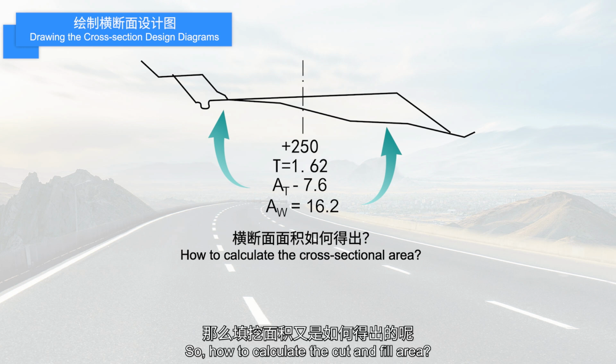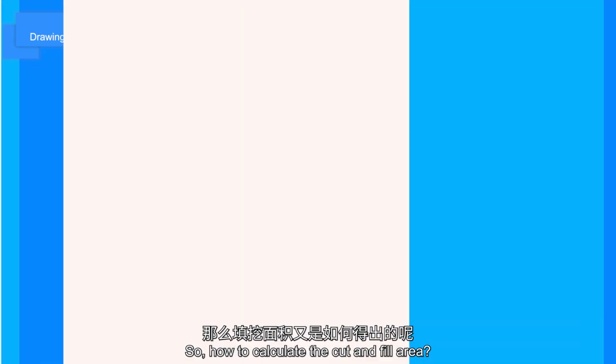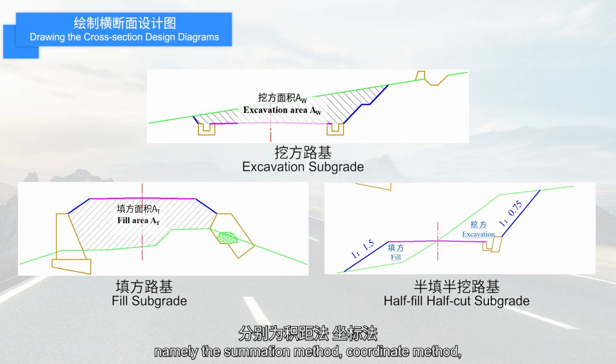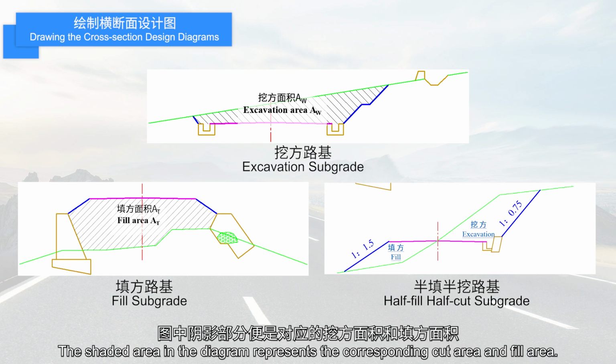So, how to calculate the cut and fill area? There are 4 commonly used methods for calculating cross-section cut and fill areas, namely the summation method, coordinate method, geometric method, and hybrid method. The shaded area in the diagram represents the corresponding cut area and fill area.